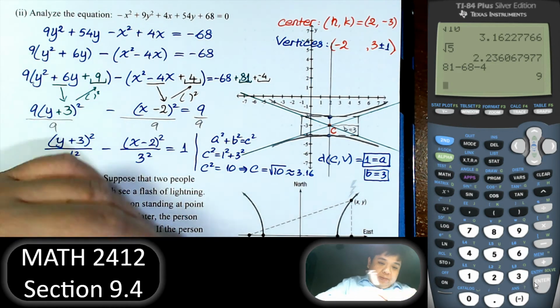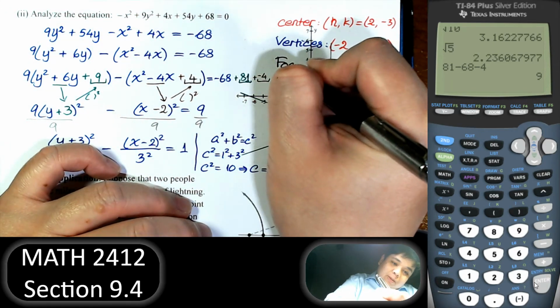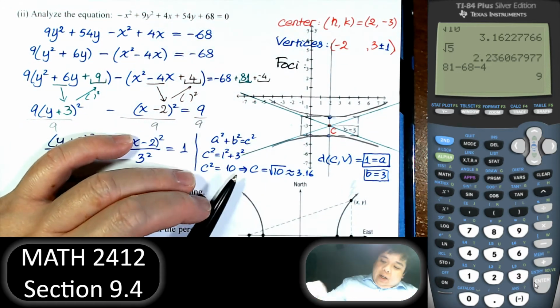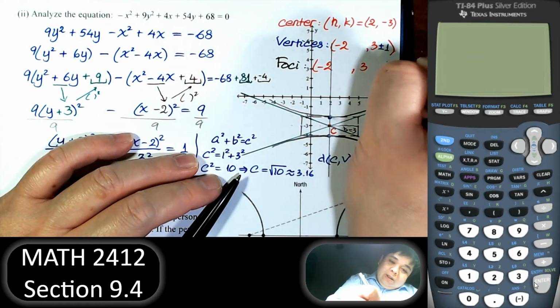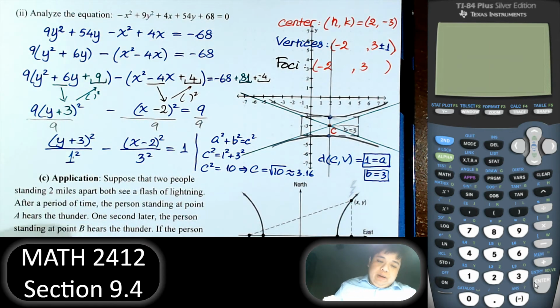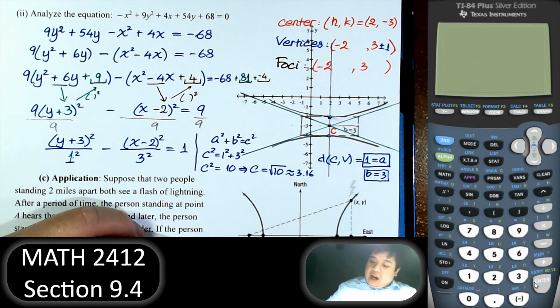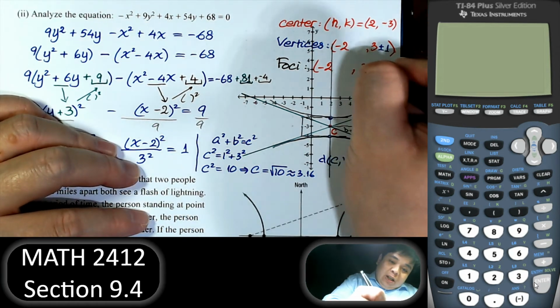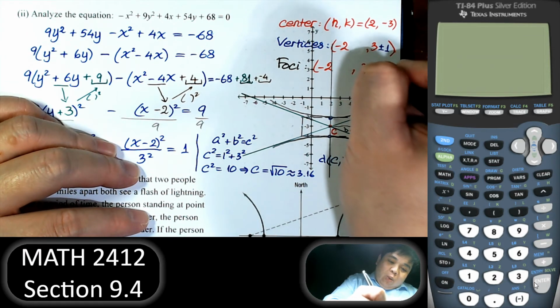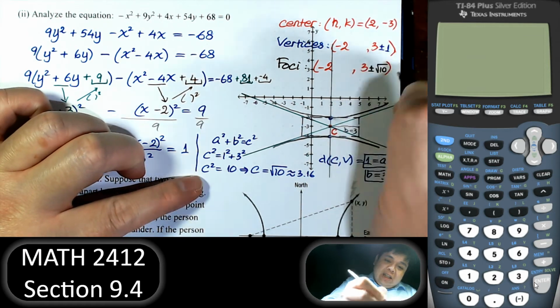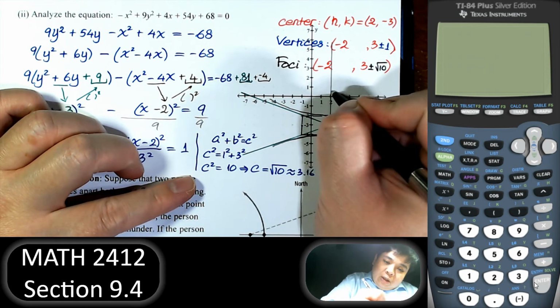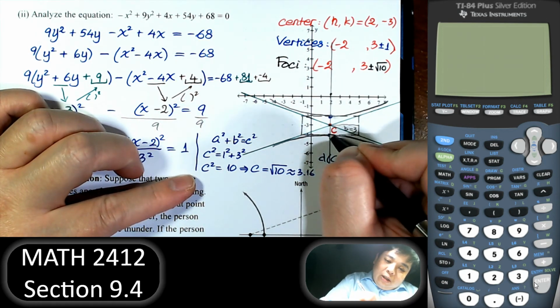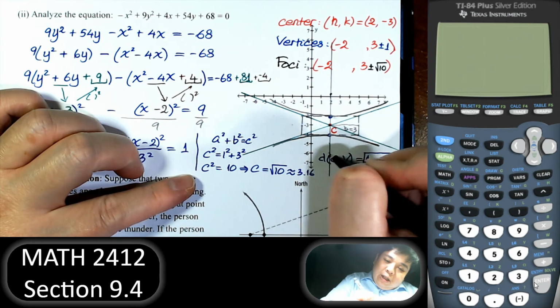The foci, we still start from the center. And the foci are 3.16 up and down, so that's just plus or minus square root of 10, that is c. That gives us the foci, here and here.